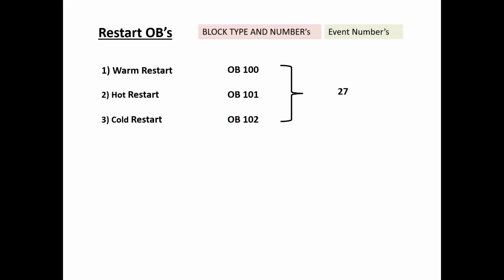We have only three blocks: warm restart, hot restart, and cold restart. These numbers are OB100, 101, and 102, and they have event number 27. Out of these three, you can use any one block. Generally we use the warm restart block in the beginning.